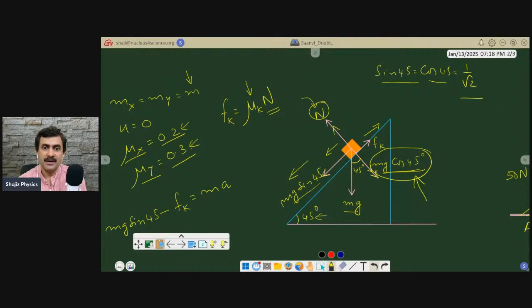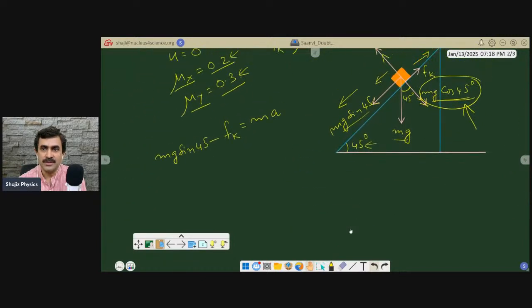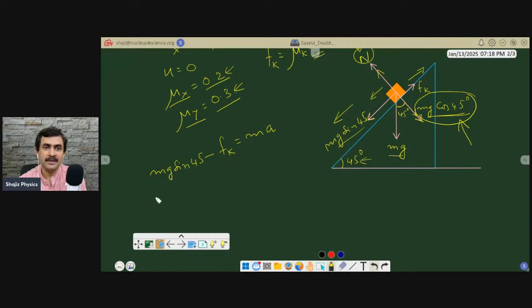Okay, so we shall substitute these values in this equation. Let me write it here. So mg into sine 45, which is 1 by root 2, minus Fk. What is Fk? I am writing the equation for x first.